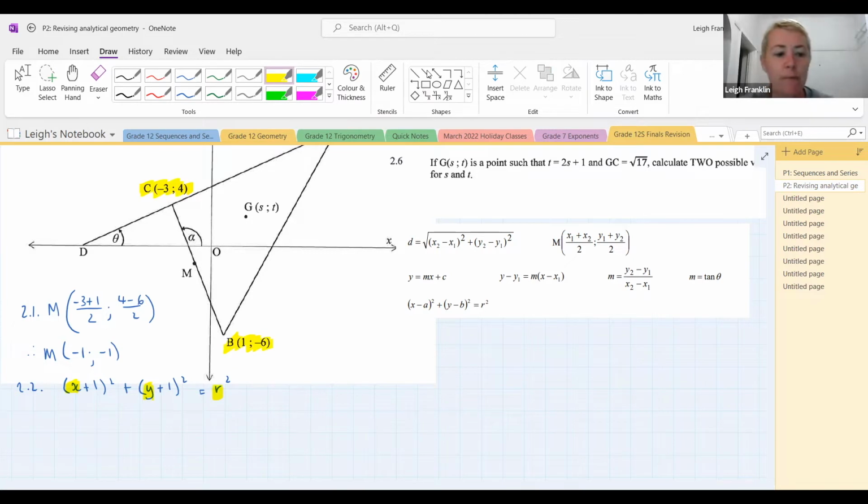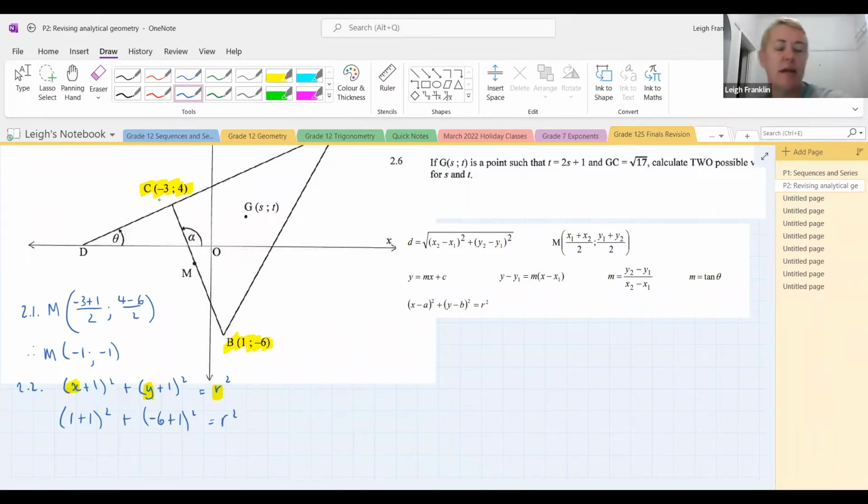Okay, Tisha? All right, so Boichepo said, let's sub in the B. So we'll do that, Boichepo. In place of X, we're going to have 1. In place of the Y, sorry, we've got -6. All right, and we don't actually have to work out R, we can just work out what R squared is equal to.